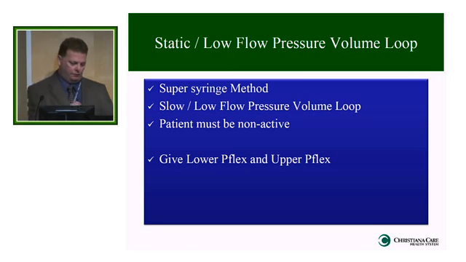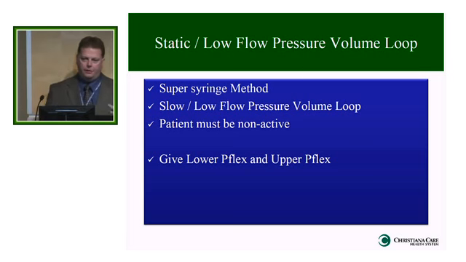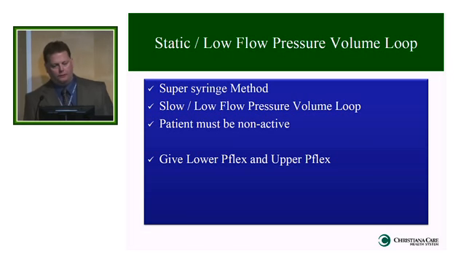You map that up to whatever pressure or volume you're comfortable going to, and then you map out a loop on paper or however you want to graph it out. This is how they first started doing the lower P-flex and upper P-flex points that we'll mention in a second.